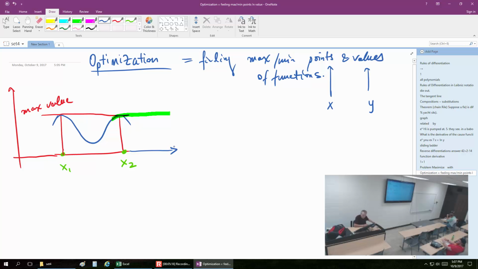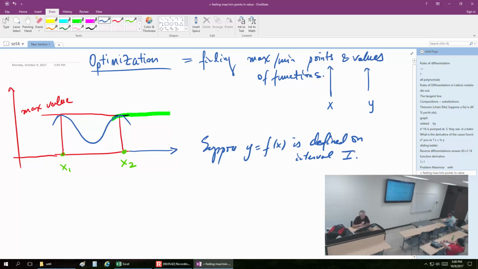So we have to put this in a form that is more precise. We usually speak of maximum points on intervals, even though the intervals might be infinite. Suppose y equals f of x is defined on an interval I. Typically it is actually a closed bounded interval such as [a, b], but it could be open and it could be the whole line.